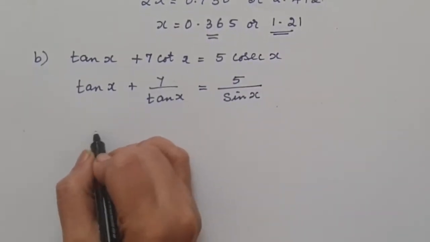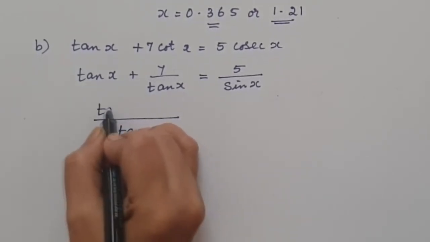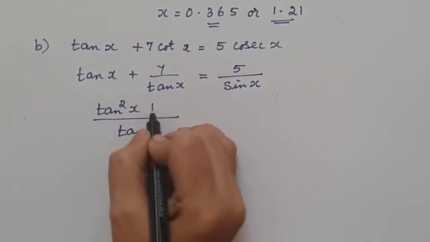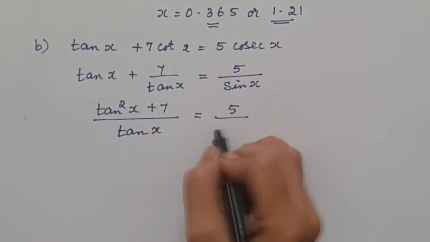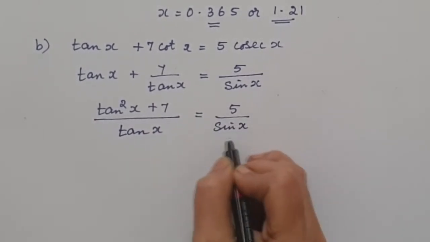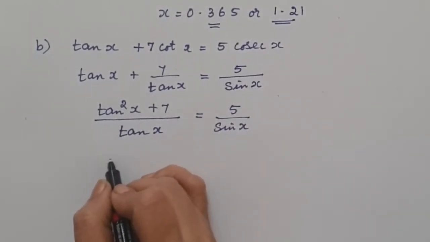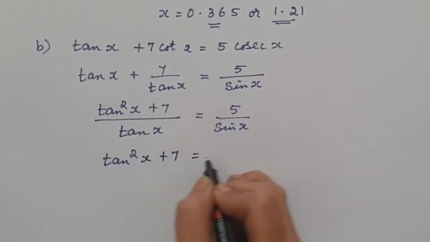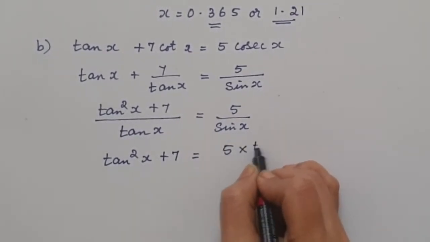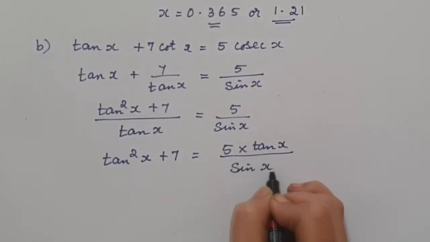Now take the LCM of this side. So tan x, and this one will be tan squared x plus 7 over tan x, equal to 5 over sin x. Now I'll multiply this tan x over here. So tan squared x plus 7 will be equal to 5 multiplied by tan x over sin x.